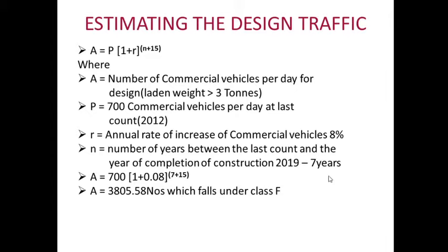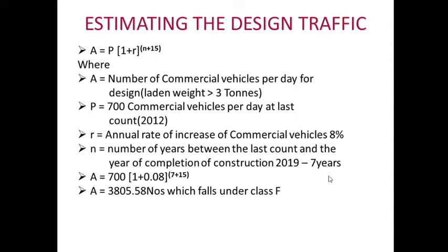Then n is the number of years between the last count and the year of completion of construction in 2019, that is 2012 to 2019, which is 7 years. Then the formula A equals 700 times (1 plus 0.08) power (7 plus 15). We get 3,805 vehicles per day by the year 2019.